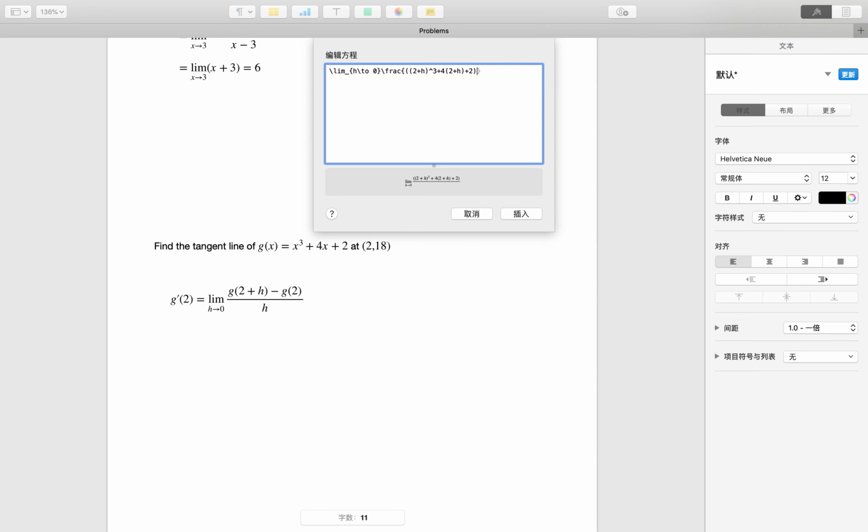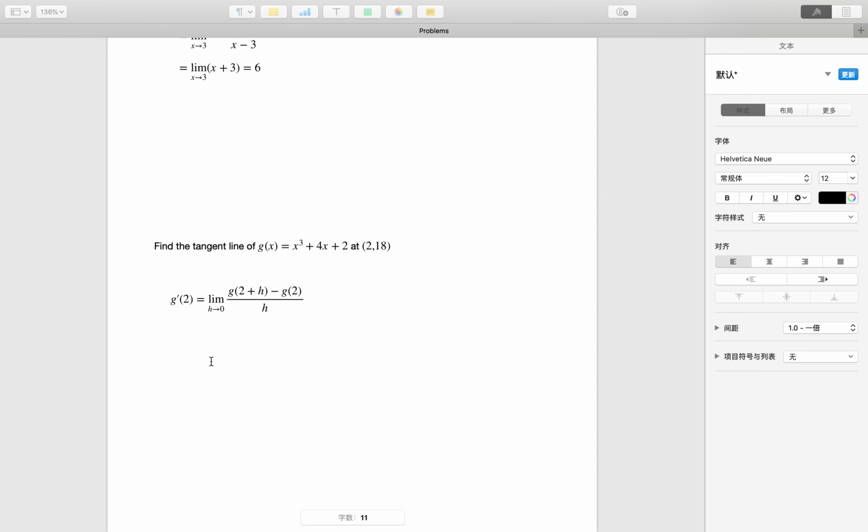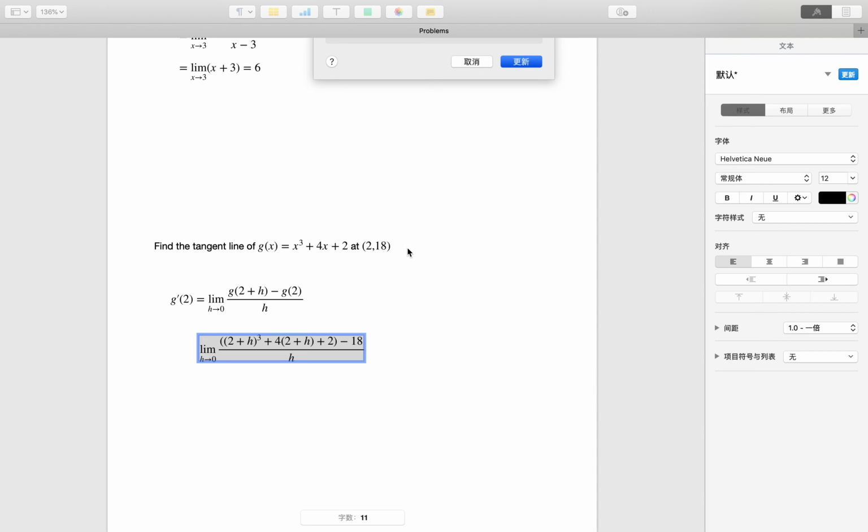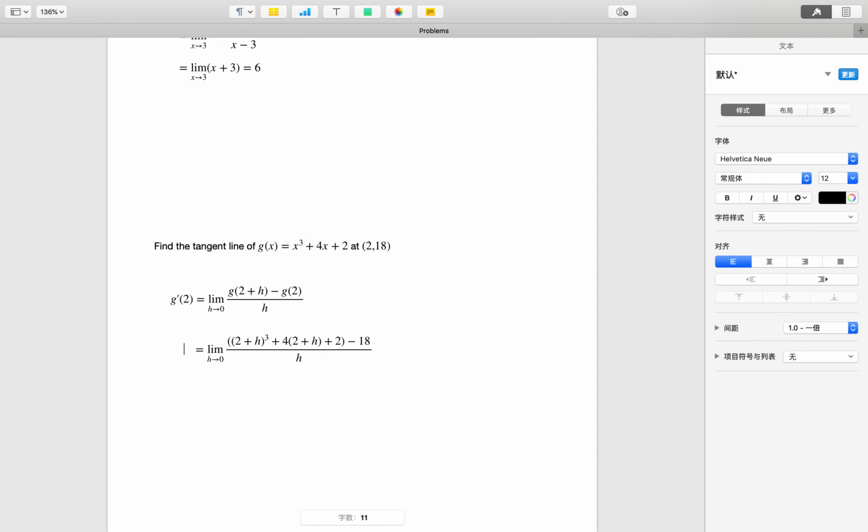So this part equals g of 2 plus h, and g of 2 is just 18. So let's subtract 18, and the denominator of this limit is still h. Let me add the equal sign and align it.